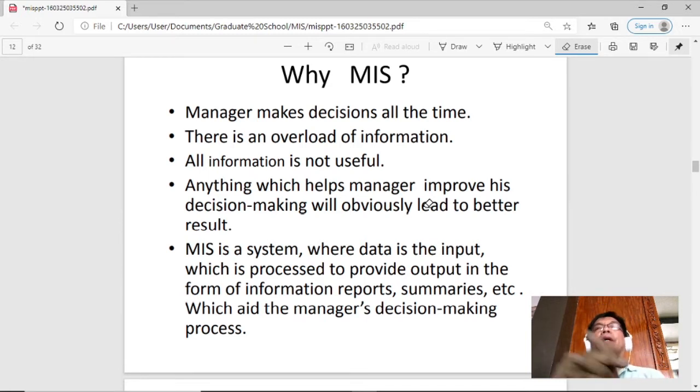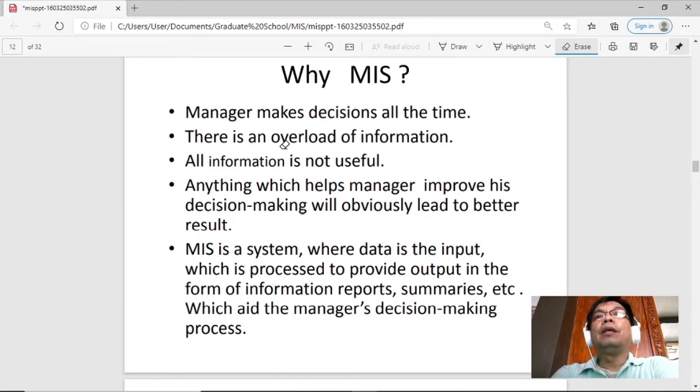So let's have another example. Let's say I have a school system wherein we input the enrollment of students. If we're going to look at the raw enrollment data, that will more or less be tantamount to an overload of information.